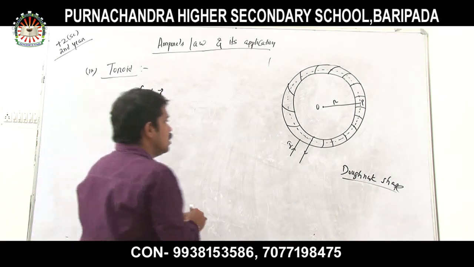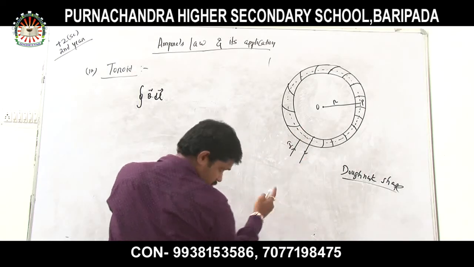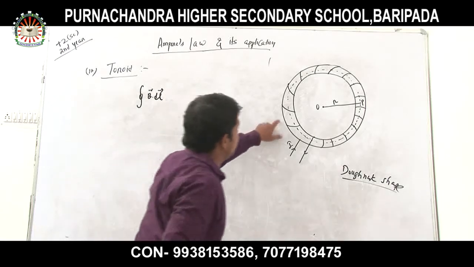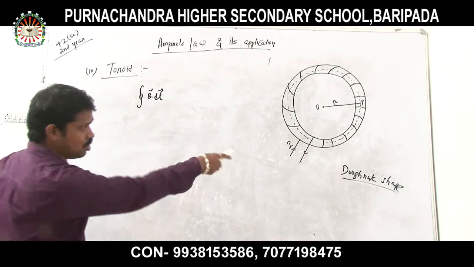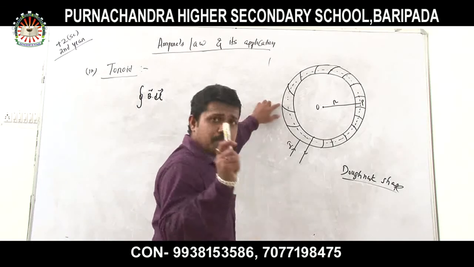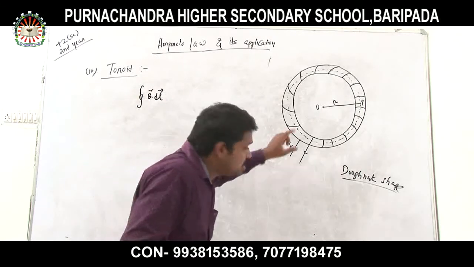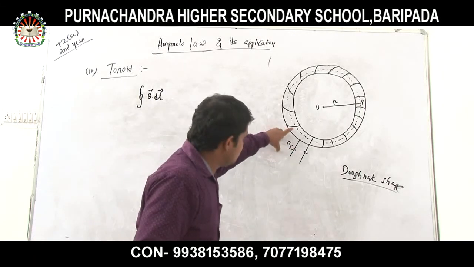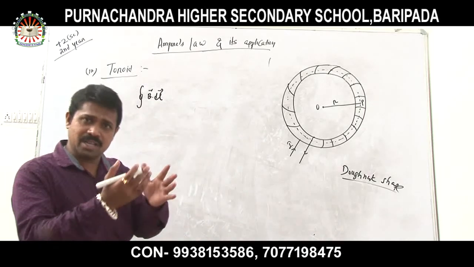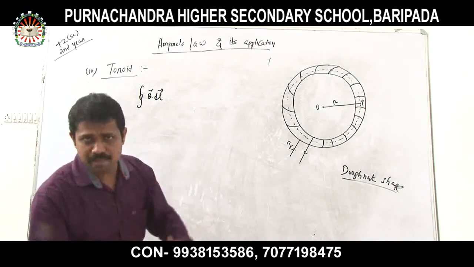Just look at it: the current is going inside at one end of the coil and coming out at the other end, and it is wound over a circularly cylindrical structure. This is called donut shape. So when we visualize it, at every point of the loop, the magnetic field is a tangent to the loop. Listen very carefully, a tangent to this Amperian loop. So if it is tangent, then the angle between dl and B is also in the same direction.